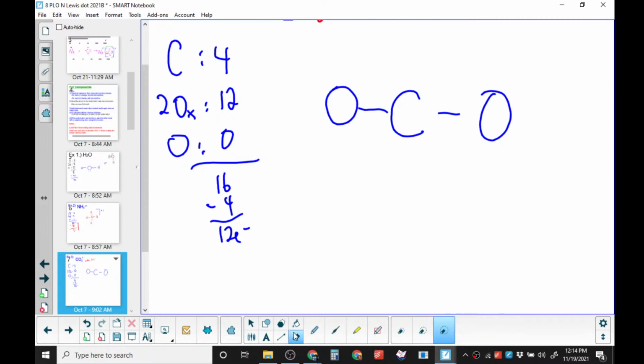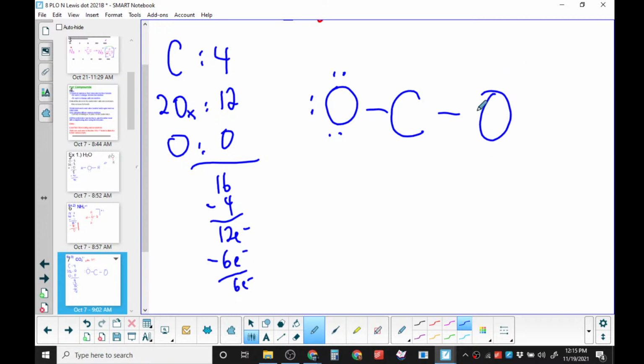The next step is you give the outer atoms, not the central, the outer atoms, their full octet, one at a time until you run out of electrons. So I would start here. How many electron pairs am I going to need to give oxygen? 3. So I go 1, 2, 3, 4, 5, 6, and I subtract those 6.